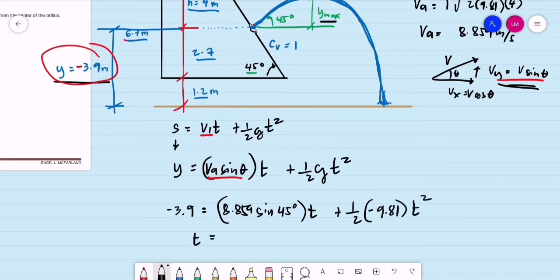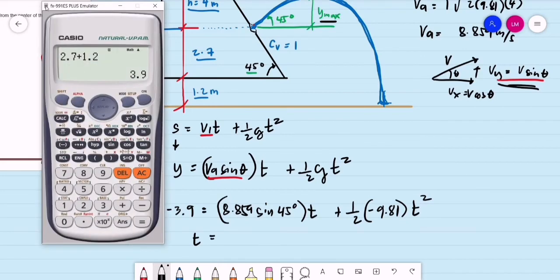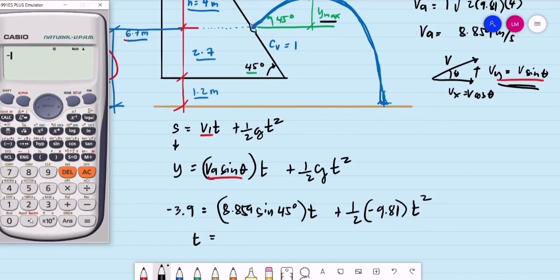Kunin natin yung time bago marating ng tubig yung ground. Negative 3.9 is equal to vertical component ng velocity, 8.859 sine 45 degrees, multiplied by alpha x, yun yung time, plus 1/2, 0.5 times negative 9.81 times the time squared.